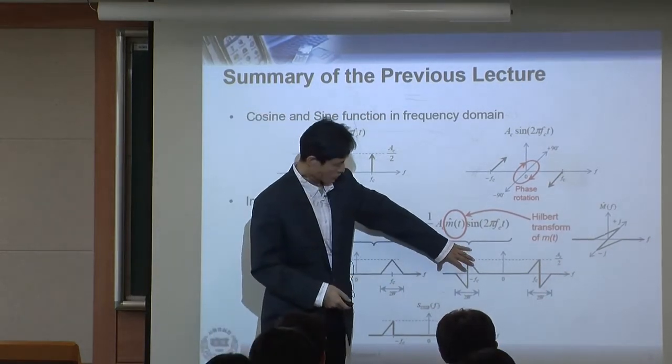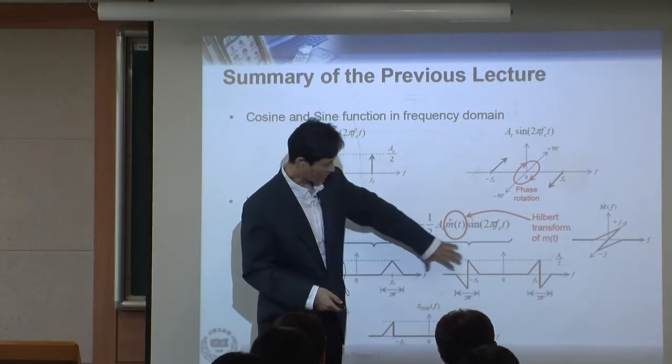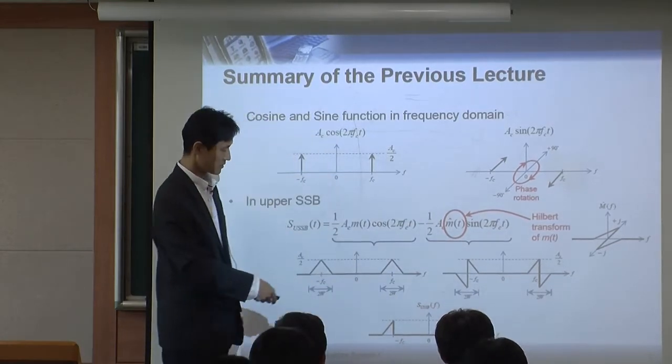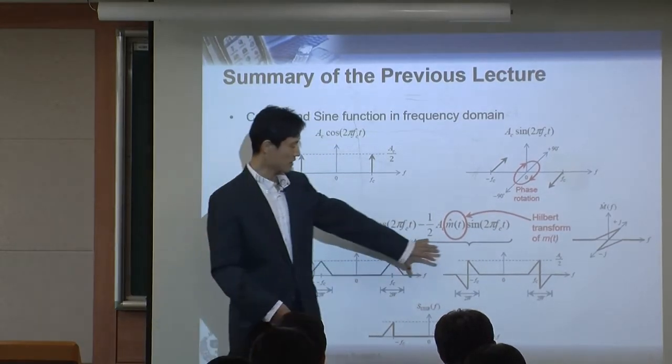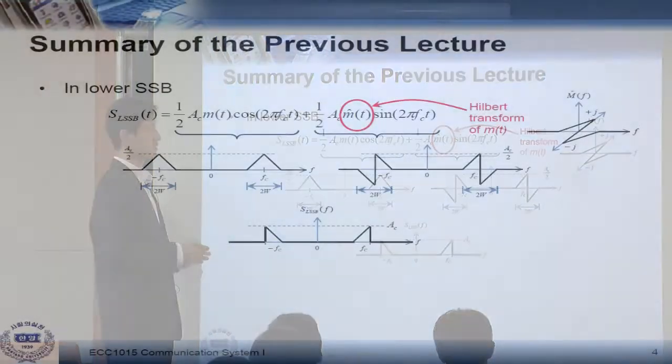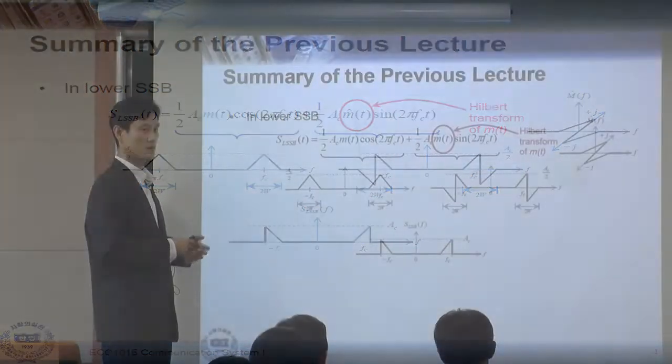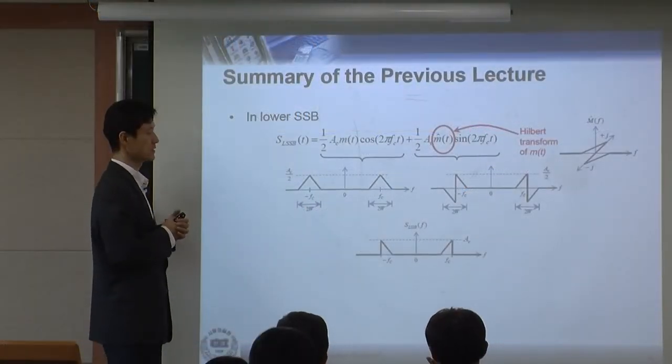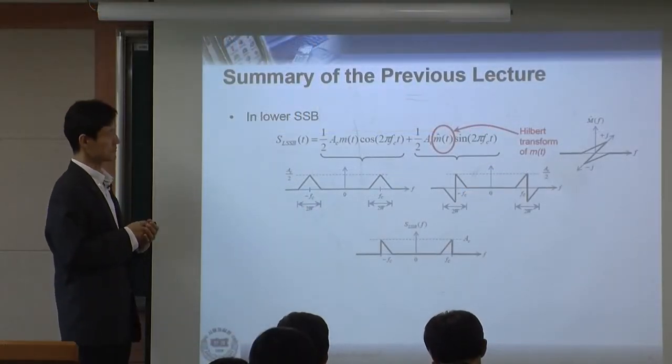When you do this one minus this, you get the upper sideband, and this plus that, you get the lower sideband, right? That's the whole message of the single sideband.